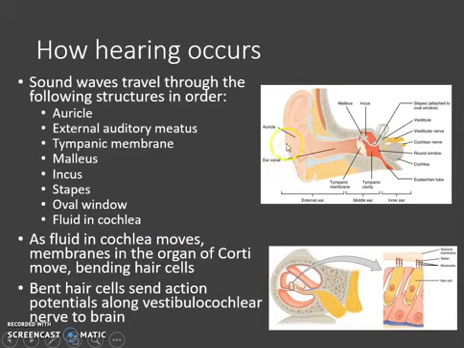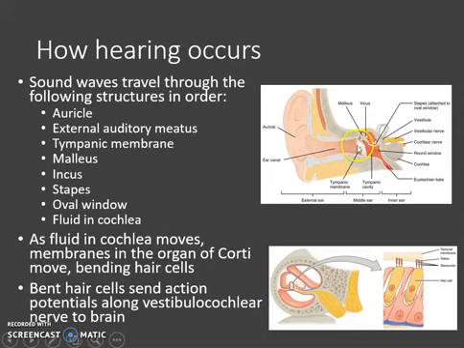So we've already talked about the structures. Now, how do the sound waves get from outside all the way to the organ of Corti inside the cochlea? So first of all, the sound waves travel through the auricle and then through the external auditory meatus, and then it causes the tympanic membrane to vibrate back and forth.